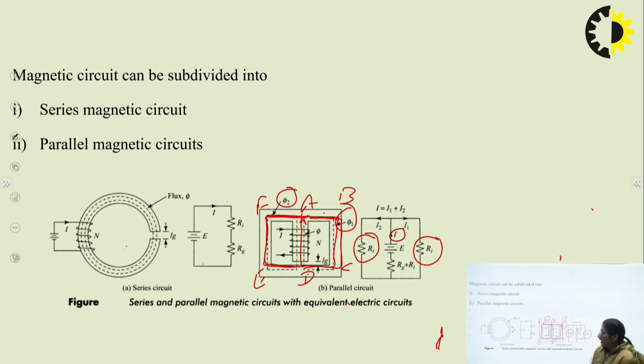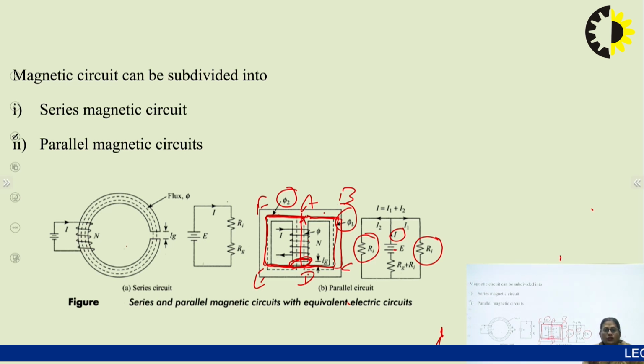Which path is remaining? The center path. It will also offer the reluctance. But don't forget, I'm having an air gap also over here, LG, I'm having an air gap. So here the center path will show me two reluctances or two equivalent resistances. One for the central limb reluctance, I'm calling it as R3, and one for the air gap, I'm calling it as RG. That will be shown in the center limb.